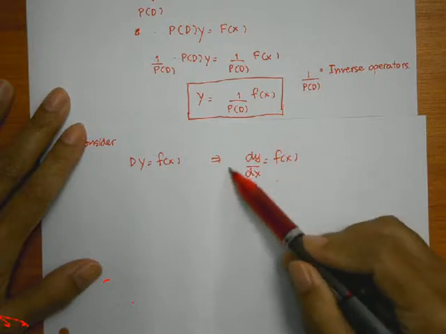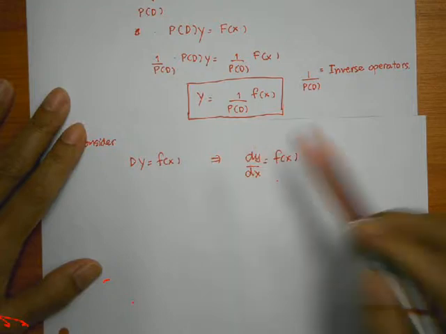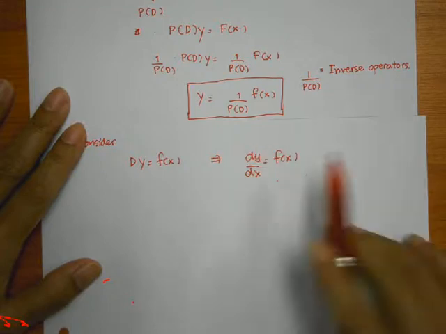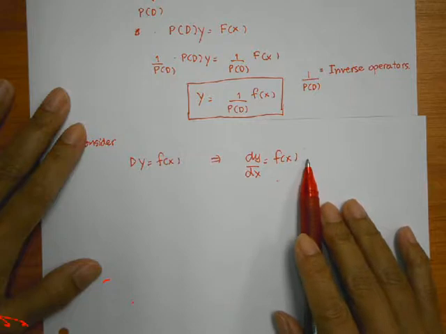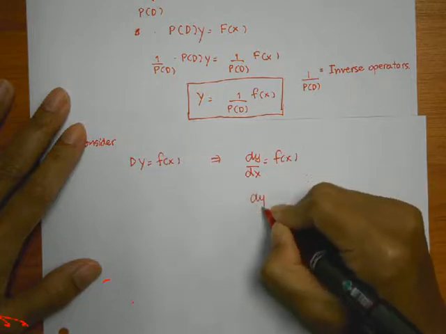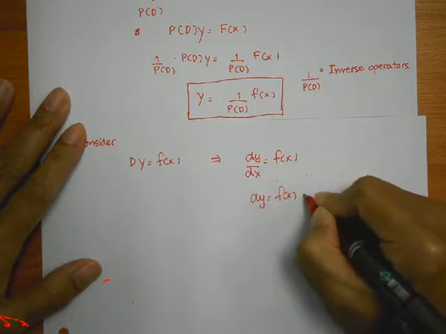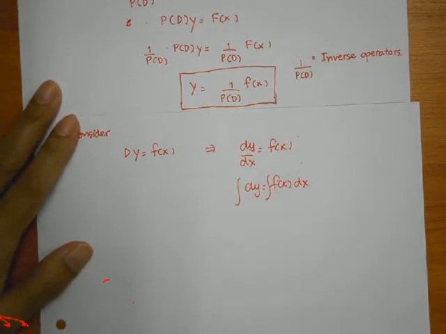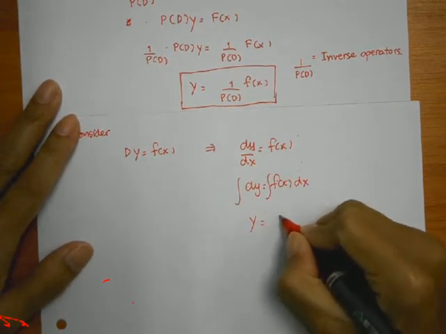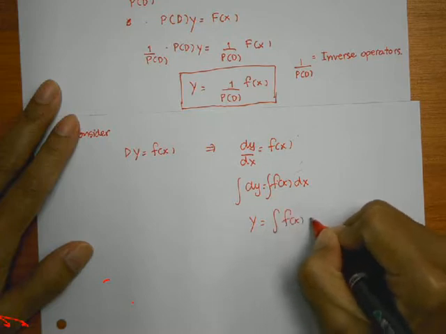In order to find the solution of y for this equation, the way that we do it is we multiply f(x) by dx, and then we integrate both sides, and we get y equal to the integral of f(x) dx.